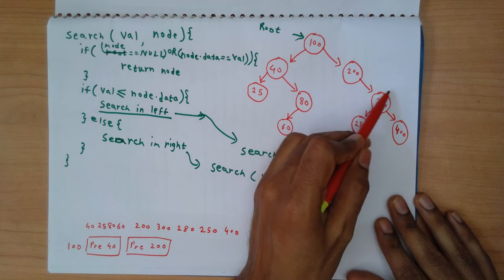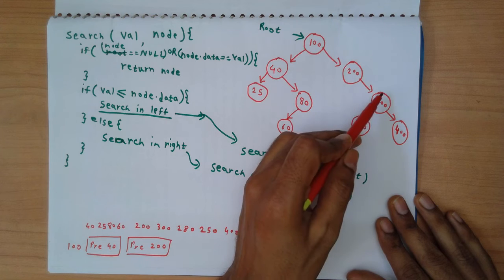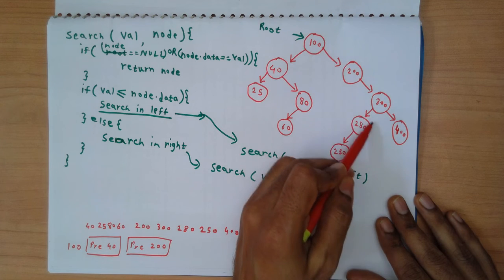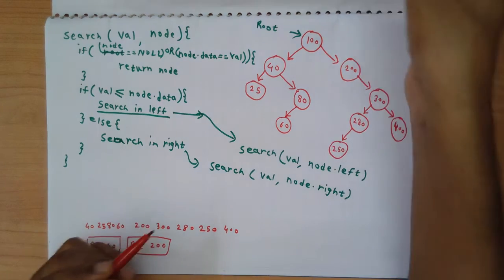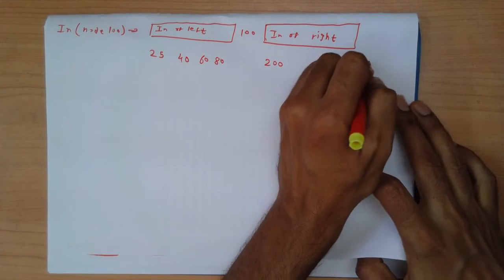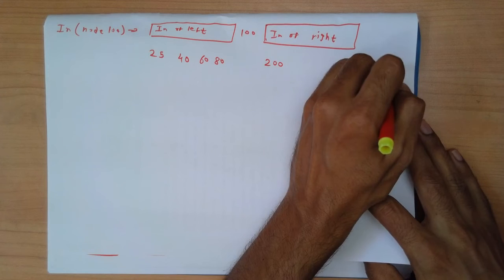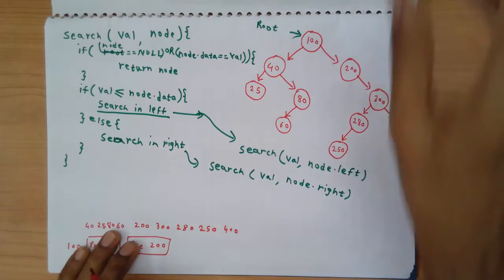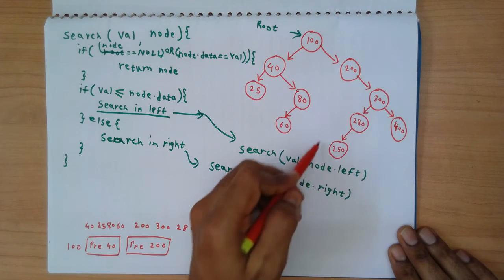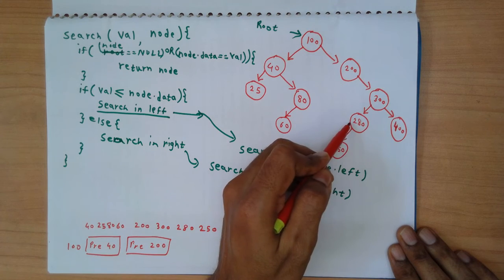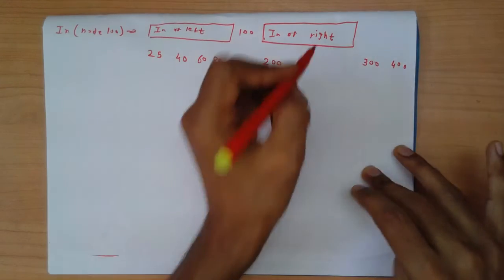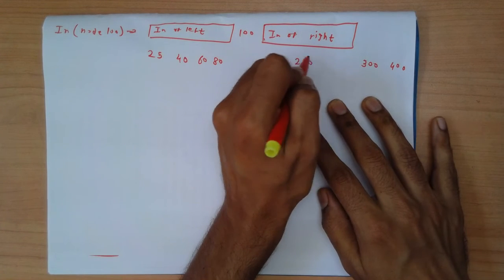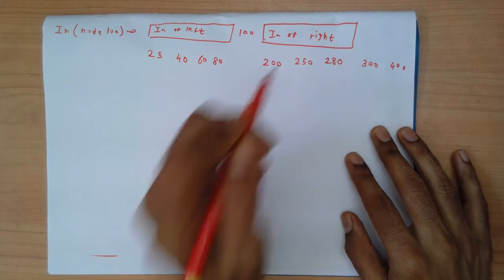That would involve the in-order traversal of its left subtree followed by 300 and then 400. So I write 300 and 400 at the end. Now we have to write the in-order traversal of the subtree rooted at 280. This will be 250 followed by 280. So I will have 250 and then 280.